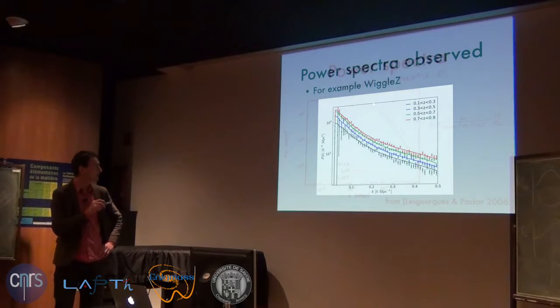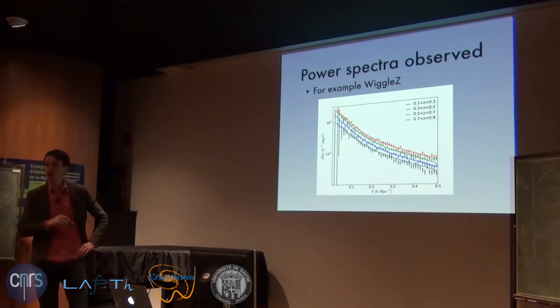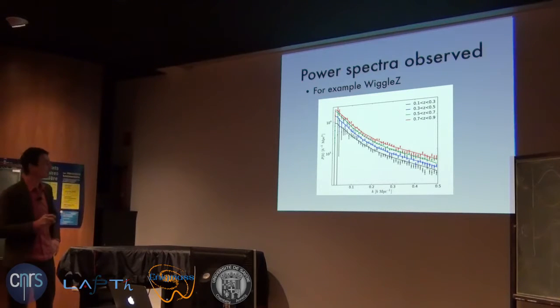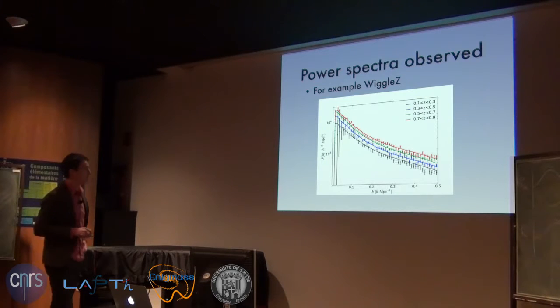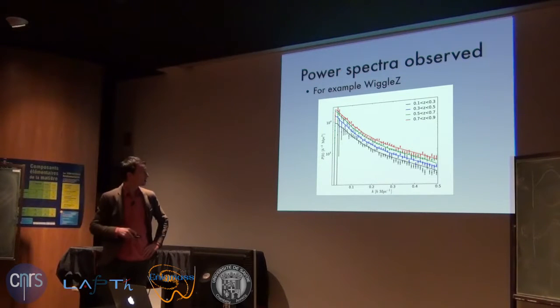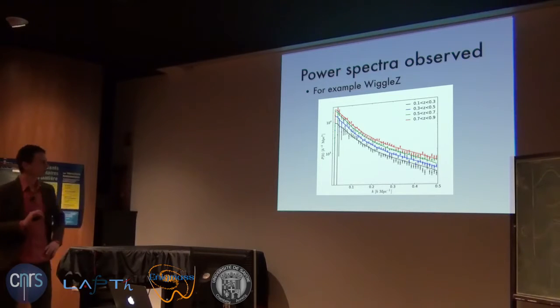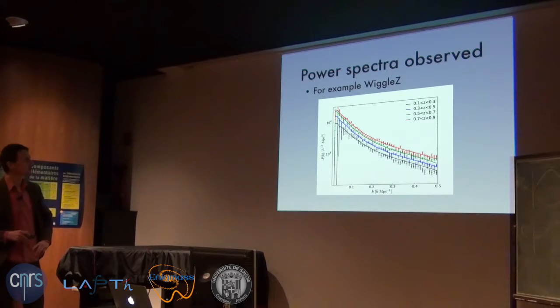So it's before this bump in the power spectrum. These are the deepest observations that we have so far of the large-scale structure of the universe, of the distribution of galaxies. This is from the WiggleZ experiment, whose main contributor is Australia. I think it's international, but it's mainly in Australia.